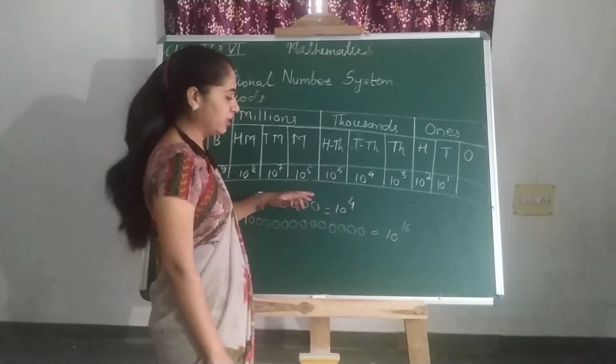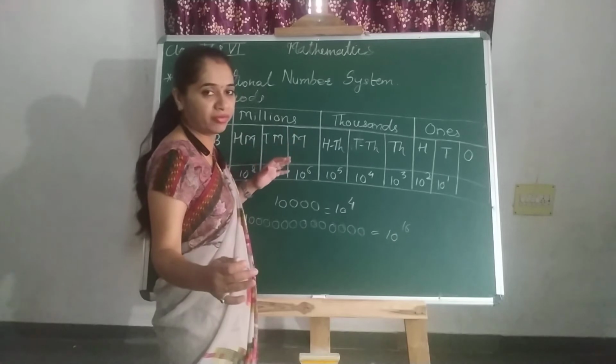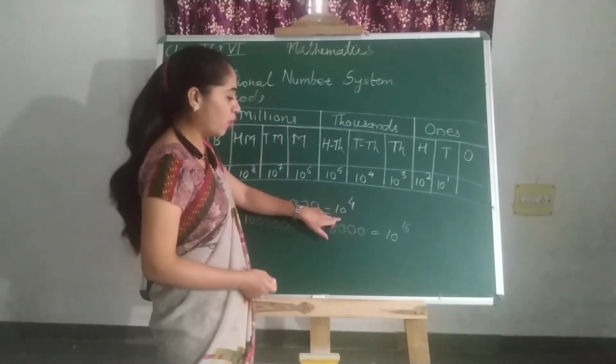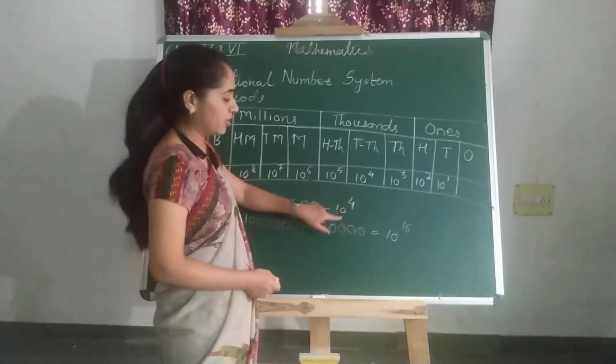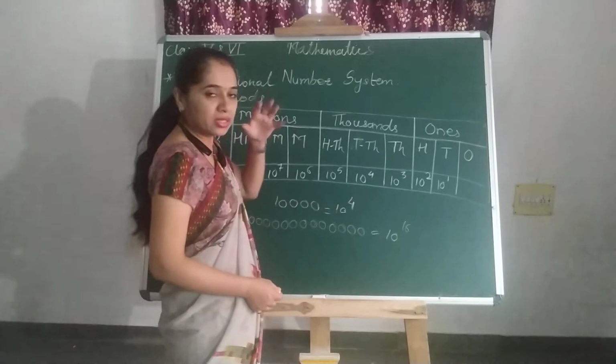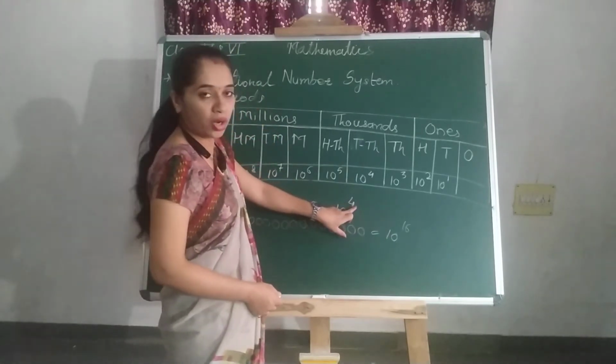So just keep in mind, when you are writing a bigger multiple of 10, you can write that number in the form of exponent and power. 10 raised to the power of 4. The number that sits above the 10 is called the power.